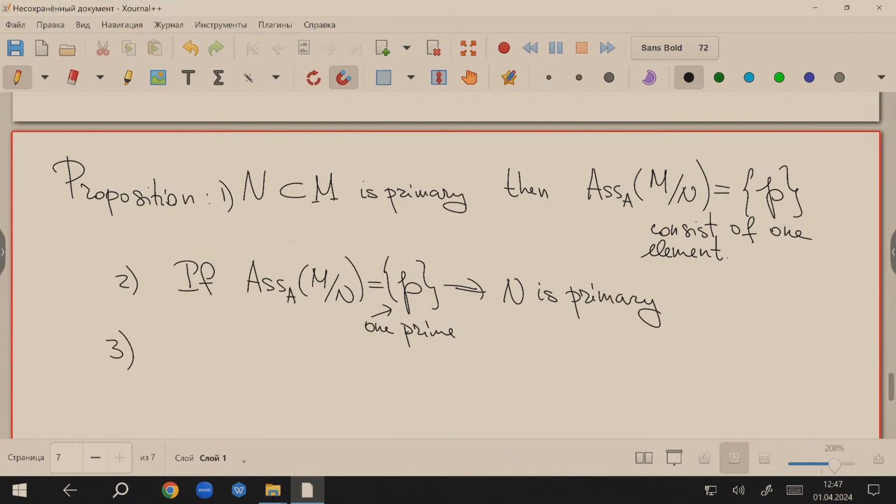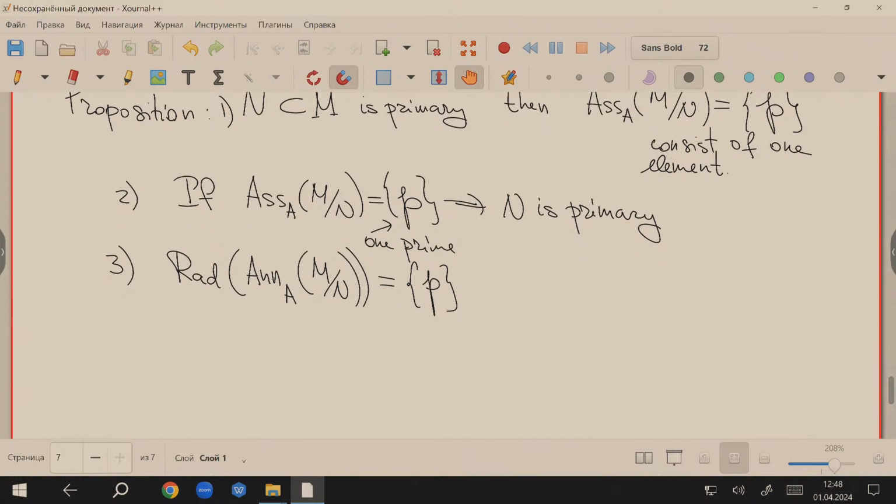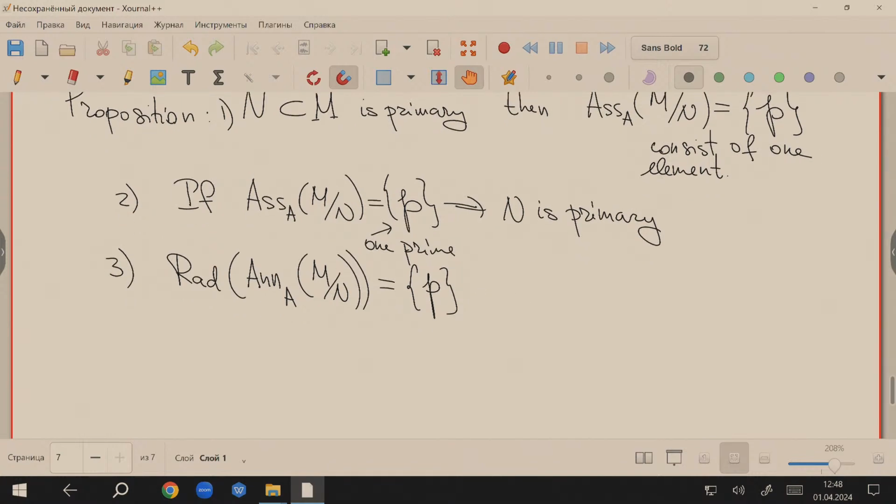And the last part: you can consider the radical of the annihilator, which is equal precisely to P in this case. The annihilator is a primary ideal.